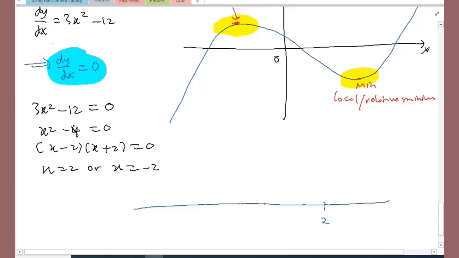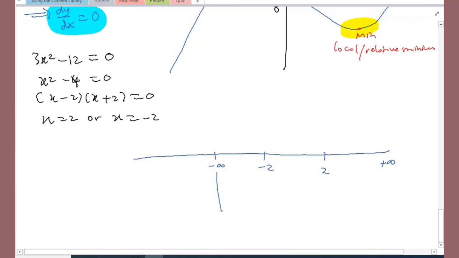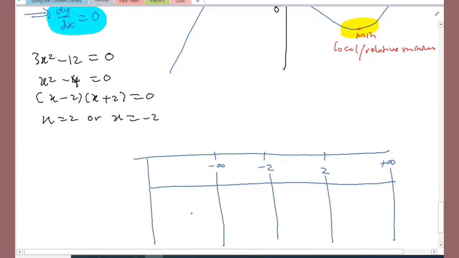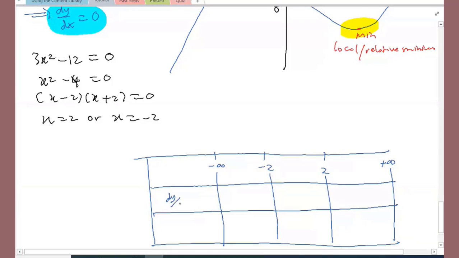So this is negative 2, this is 2, this is negative infinity and positive infinity. Make a table, and check dy/dx. You want to check the gradient: is it positive or negative, and is the graph increasing or decreasing?